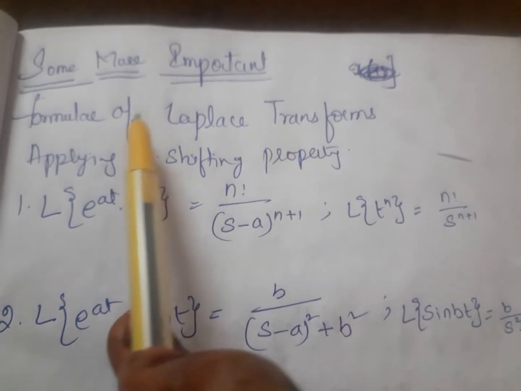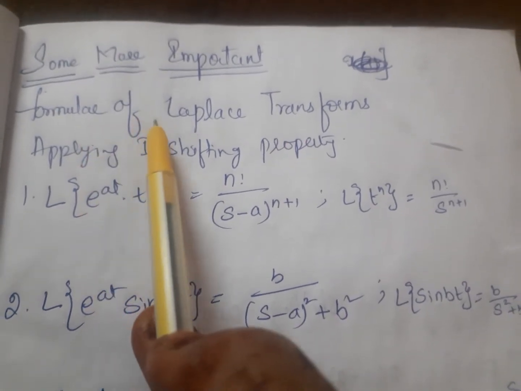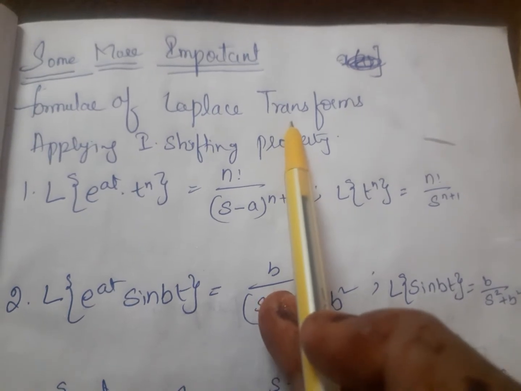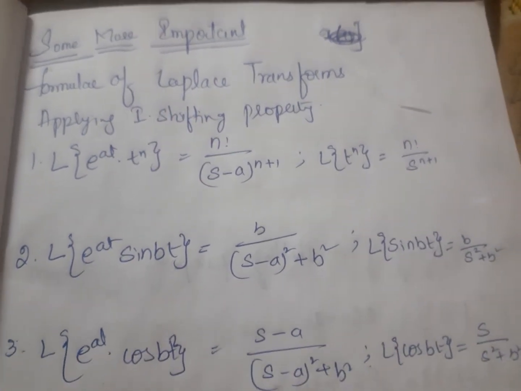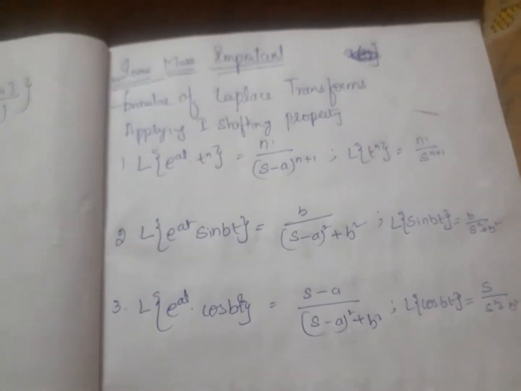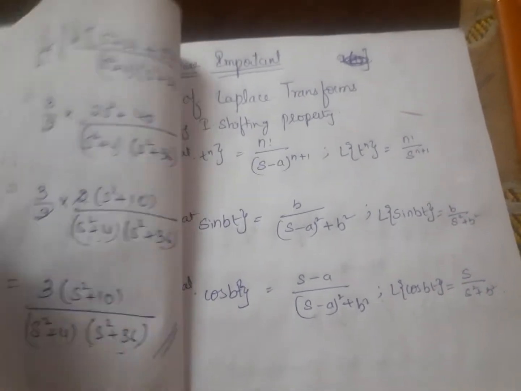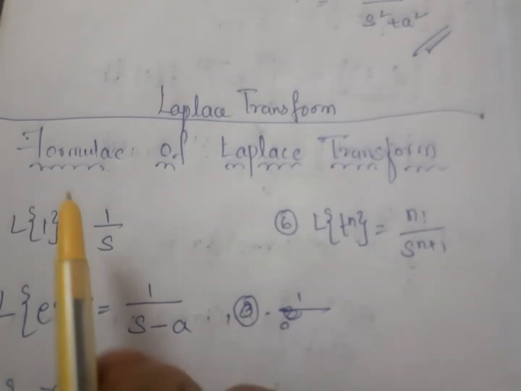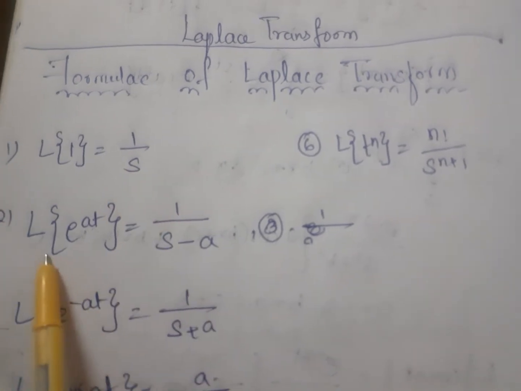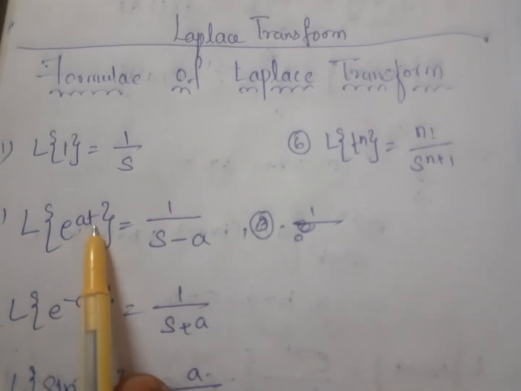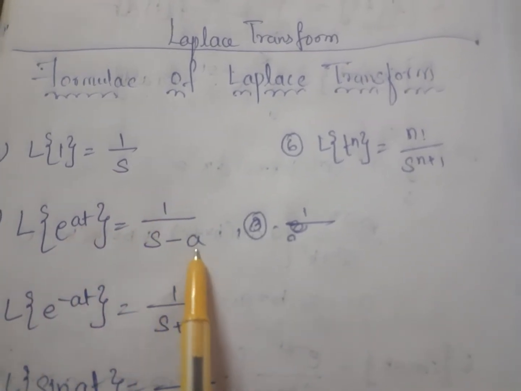Today I am going to explain some more important questions of Laplace transforms, and for that we have to learn some formulas. For using these, I want to recall the formulas which I explained in my previous videos. L of 1 is equal to 1 by s. L of e power at is equal to 1 by s minus a.